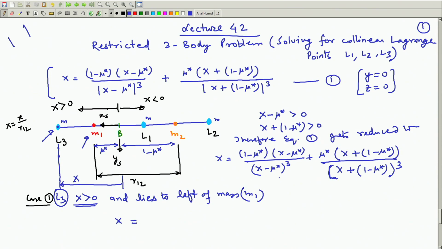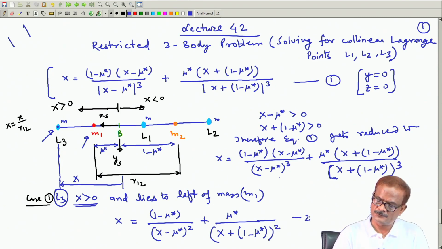x equal to 1 minus mu star divided by x minus mu star whole square plus mu star divided by x plus 1 minus mu star whole square, and this we name as equation 2.